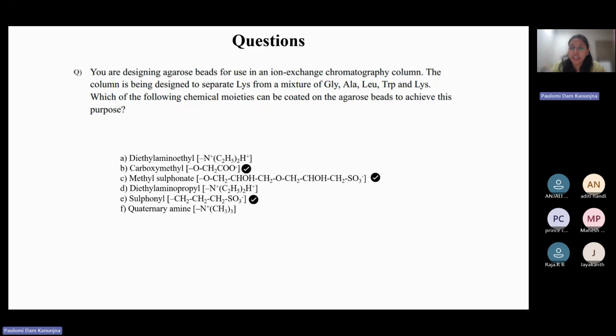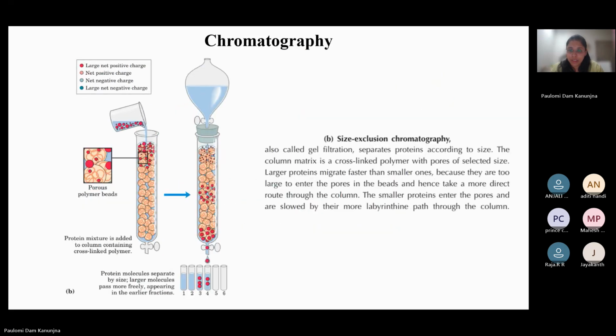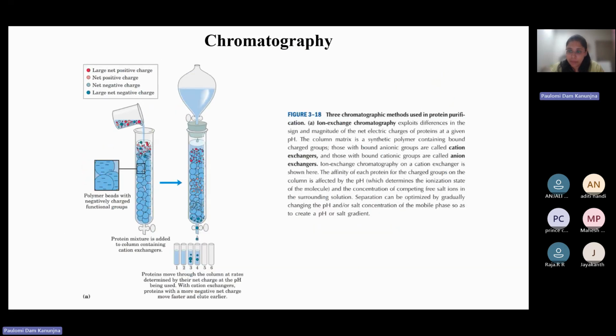And I saw confusion. So if you see B, C, E, they have negative charges. If you see A, D, F, they have positive charges. Now let me go back to that slide quickly so that I can tell you what's exactly happening here. Those with bound anionic groups, anions are negative, they are called cation exchangers. Those which are bound with cationic groups are called anion exchangers.